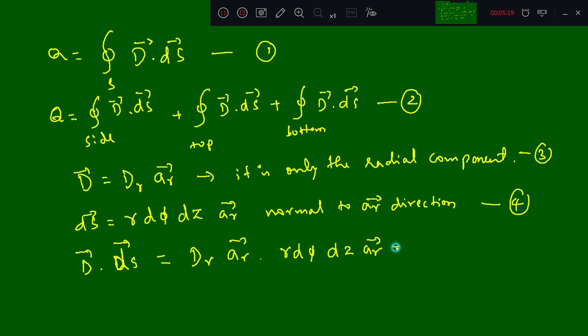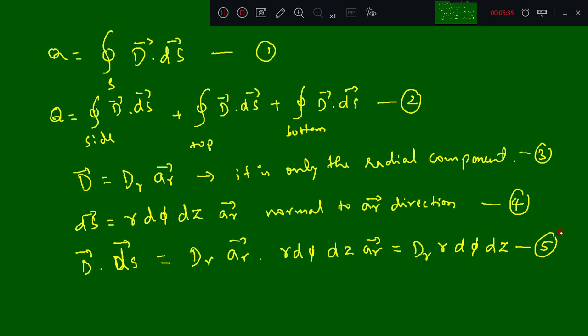So it reduces to Dr r d phi dz. This you can call equation number 5.